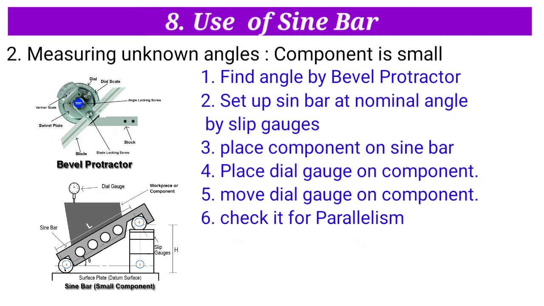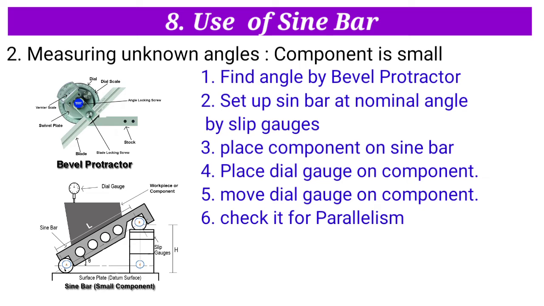The perfect adjustment of a slip gauge combination requires too much time. So the variation in the parallelism of the upper surface of the component and the surface plate indicated by the dial gauge is converted into the corresponding angular variation.